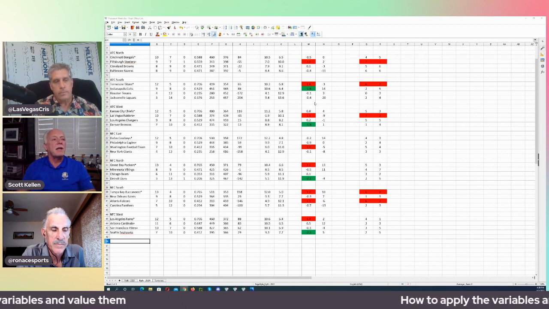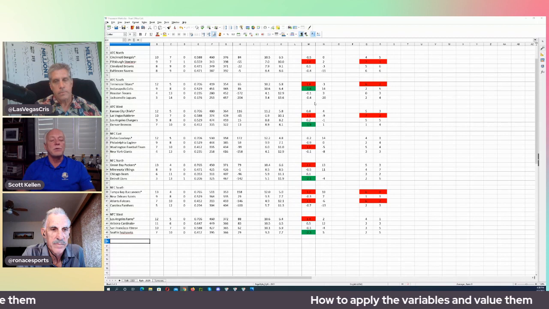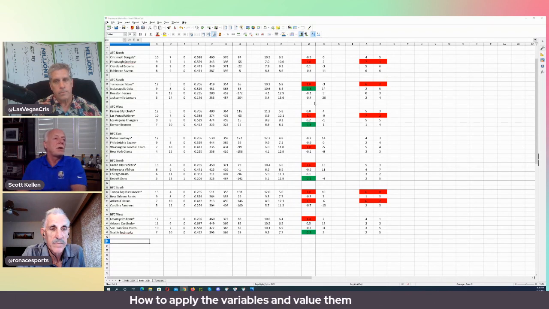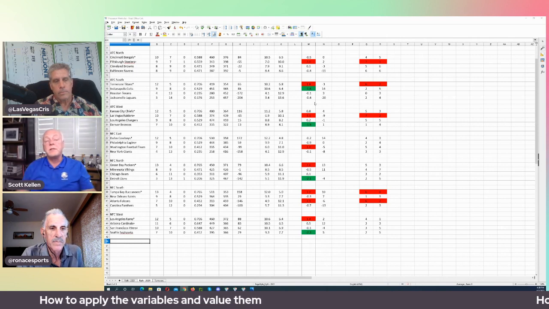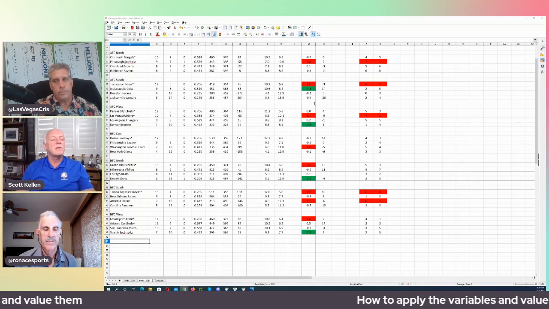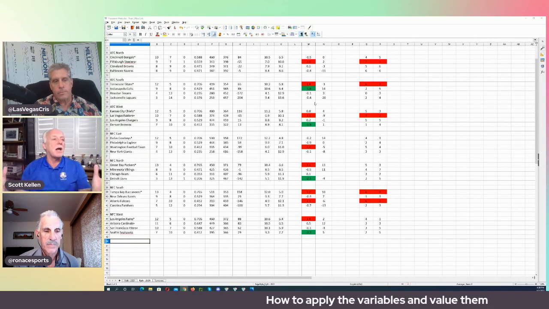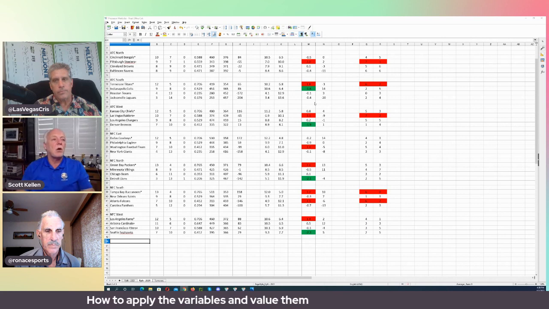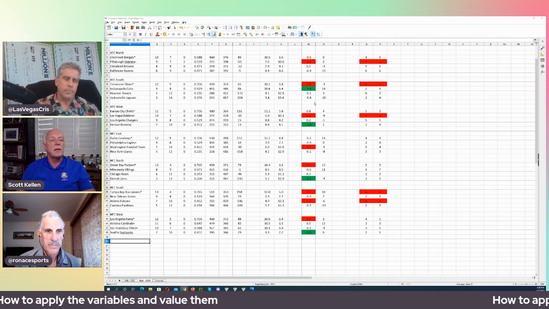You can take those lines and try to apply those to a percent chance of winning a game, and you can come up with a number for that team as well. That's another point to use, where you can create how many wins a team will get just based on the line that the odds maker has set. Again, it's a guess. There's some perception in it, so it's not perfect.